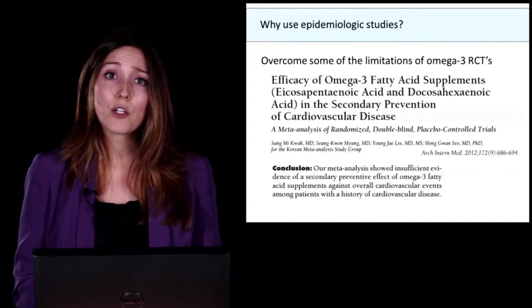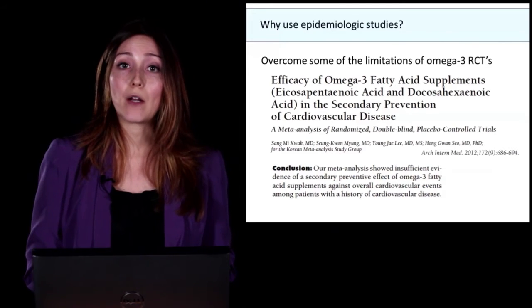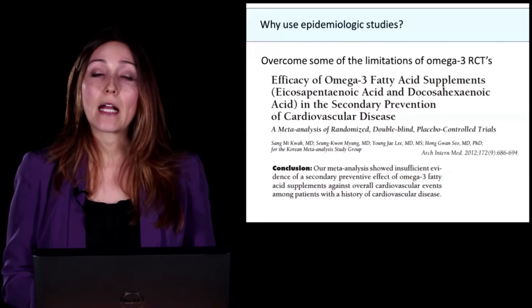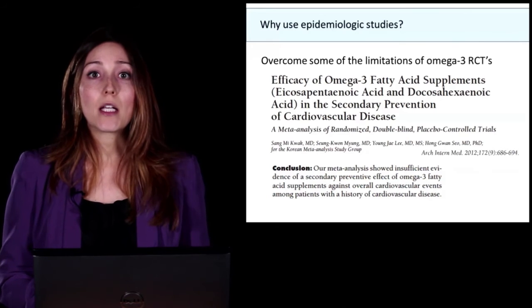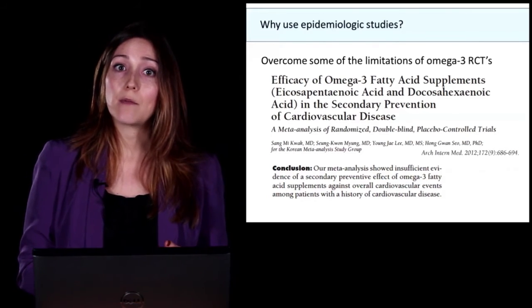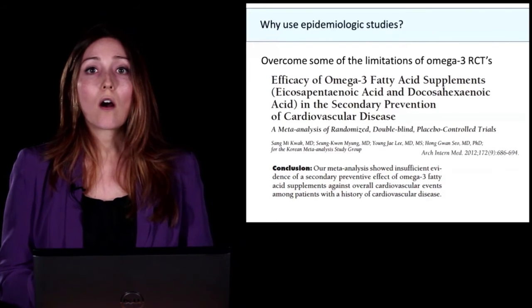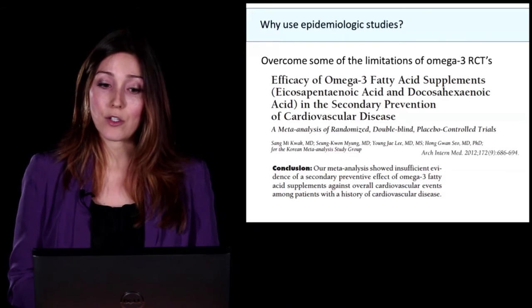Now, this is really in contrast to the pretty consistent associations that have been found in observational studies. So then why is there this disconnect between observational studies and RCTs? Is it because the observational studies are leading to spurious conclusions, so that there's only an association there and not causation? Or are there limitations in RCTs that aren't inherent in observational studies?